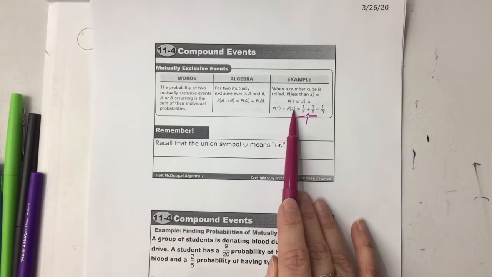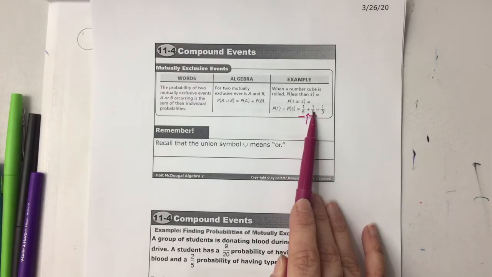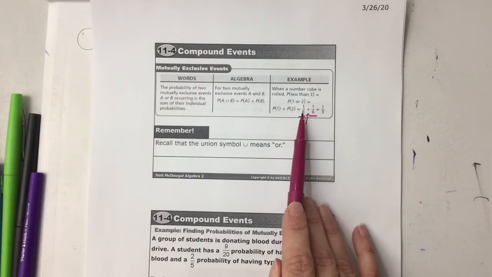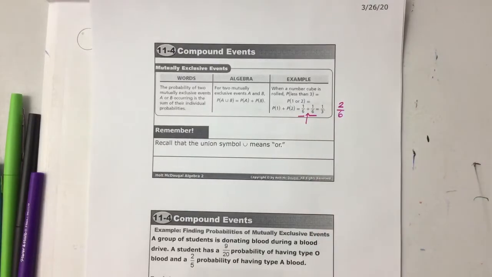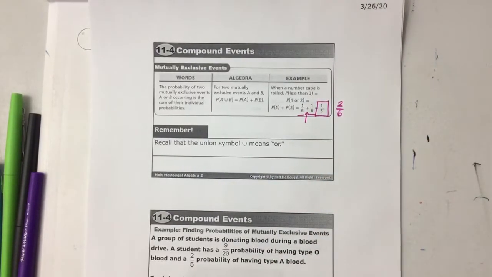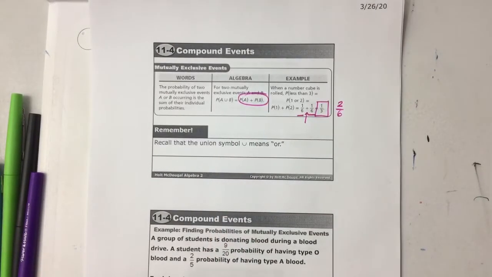Plus, well, they said a 1 or a 2. There is 1, 2 on a number cube of 6 sides. When you're adding fractions, top plus top, you would have a 2. Your common denominator would stay a 6. Well, 2 over 6 can reduce down to 1/3. So again, what we're doing is you are adding your probabilities together, those fractions.